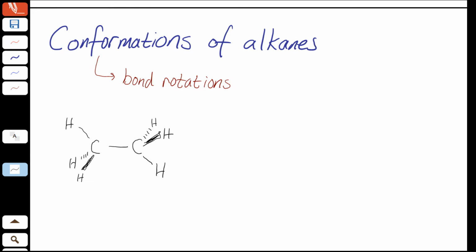So set your model in a staggered conformation and make sure that you can line up what you see physically in your model with what you just drew on paper or what I drew on the screen. You can see that difference. And then let's turn it to the eclipsed conformation. Let's just turn the rightmost carbon, the one on the right.